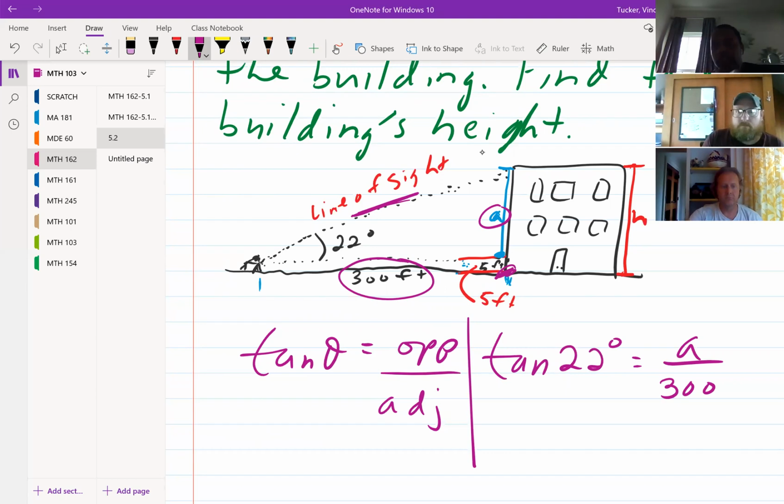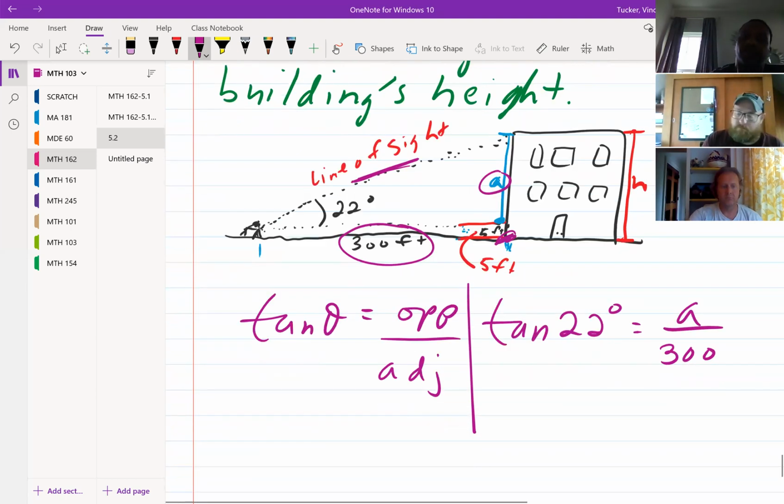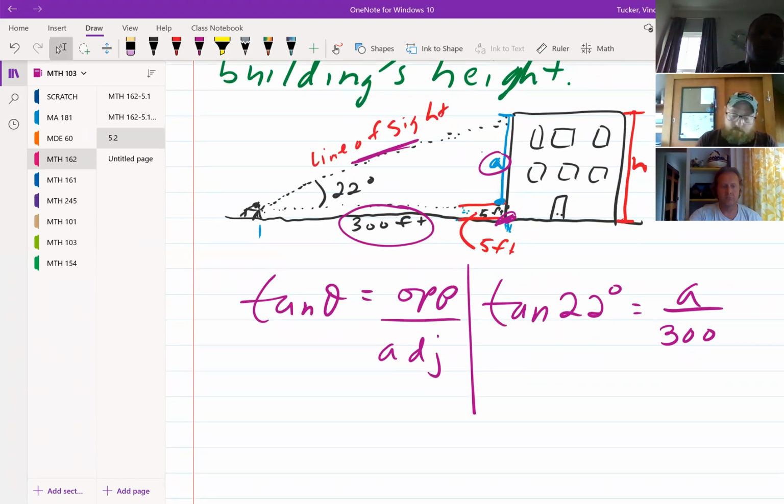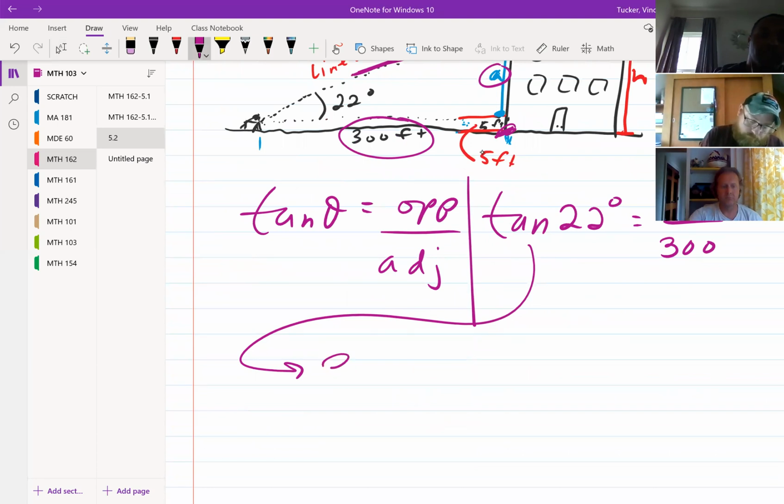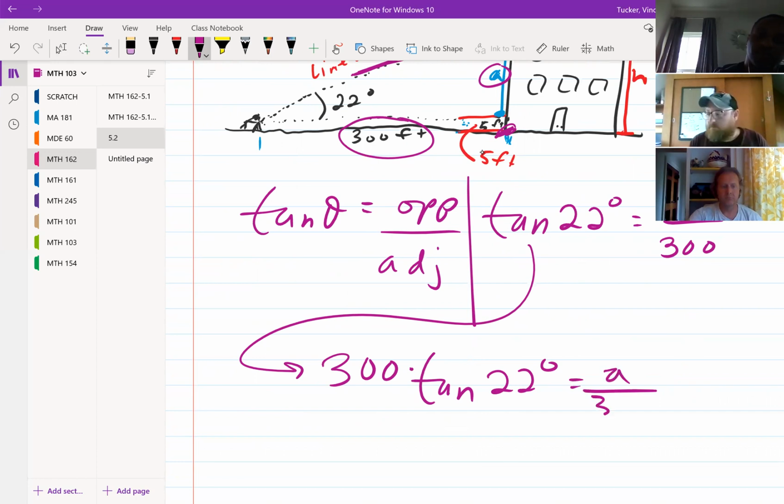All right. So now that we have the setup, we want to solve for A. So we'll multiply both sides by 300. That cancels.